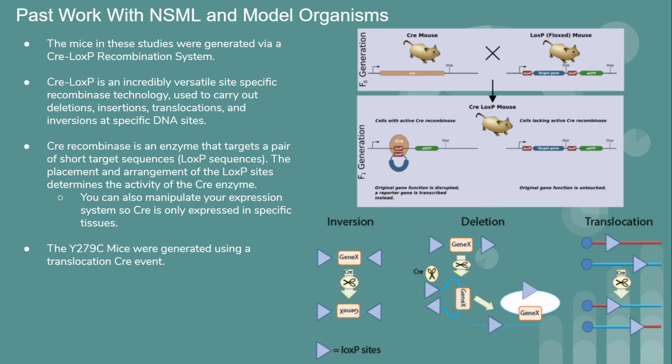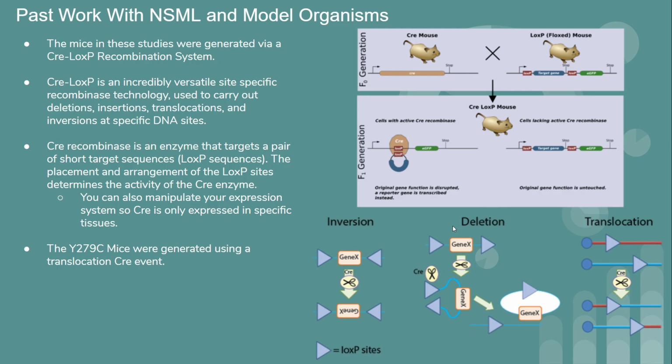This is a very versatile site-specific recombinase technology, and you can use it to make your own deletions, insertions, translocations, and inversions at specific DNA sites. LoxP sites are specific sequences you would insert with another editing system, such as CRISPR-Cas9.